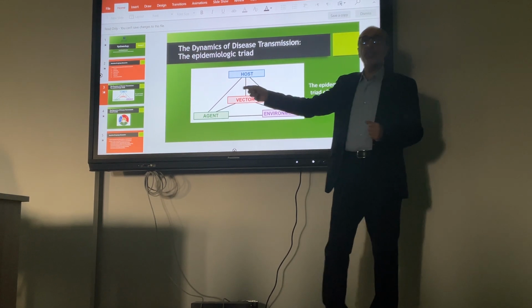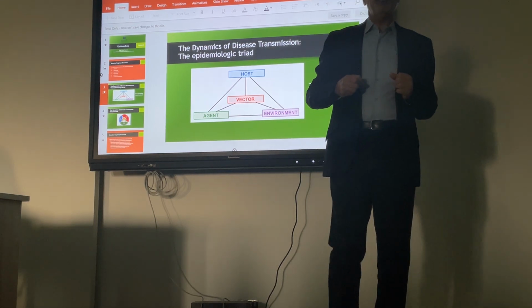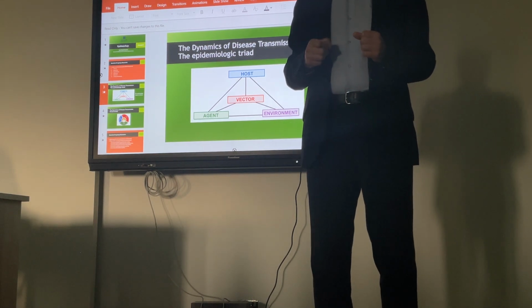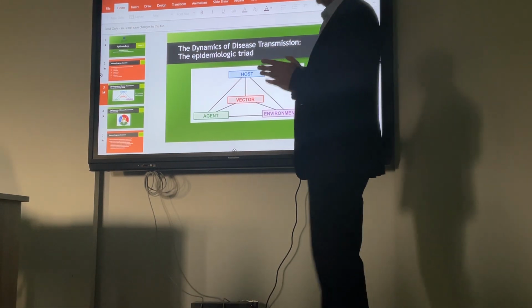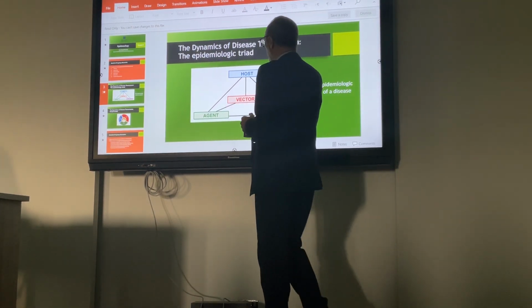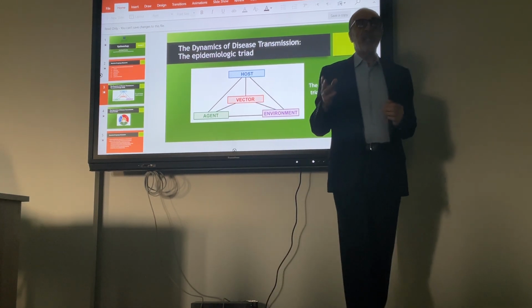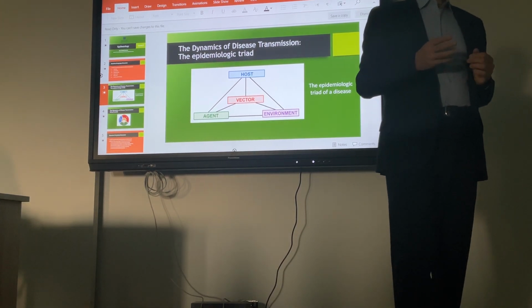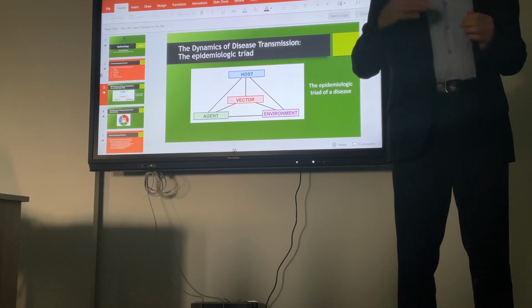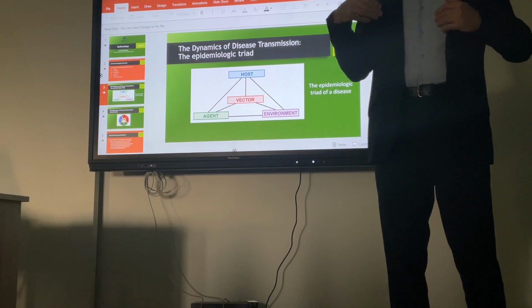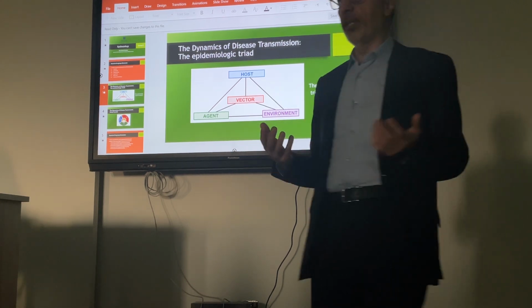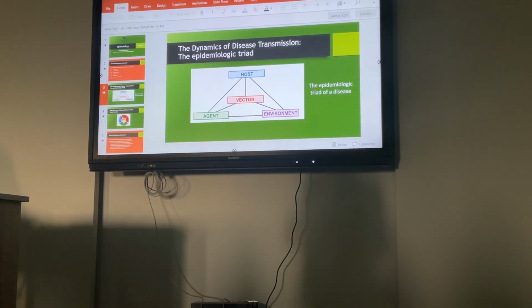And the host should be susceptible. Susceptible means that he or she should not be immunized. Some people are immunized. The immunization may occur due to vaccination. Some people may be immunized due to having had the disease in the past, and some people may have innate immunity. Some people may have immunity without any exposure, without any vaccination or getting the disease.